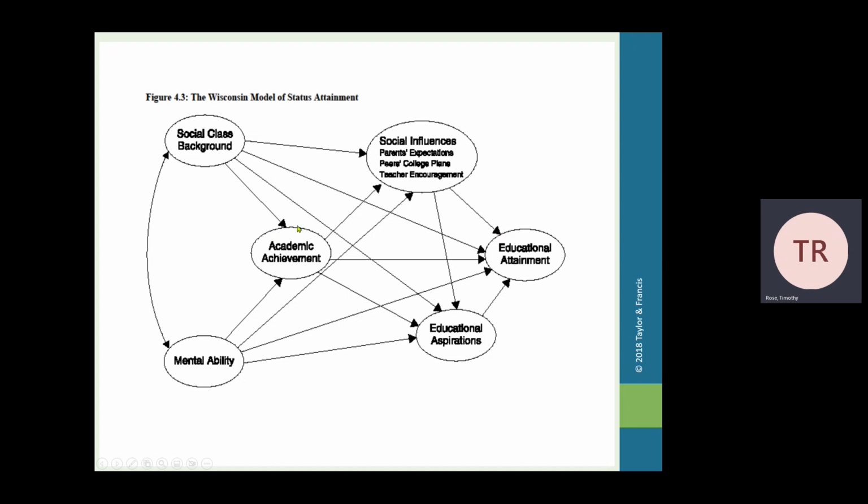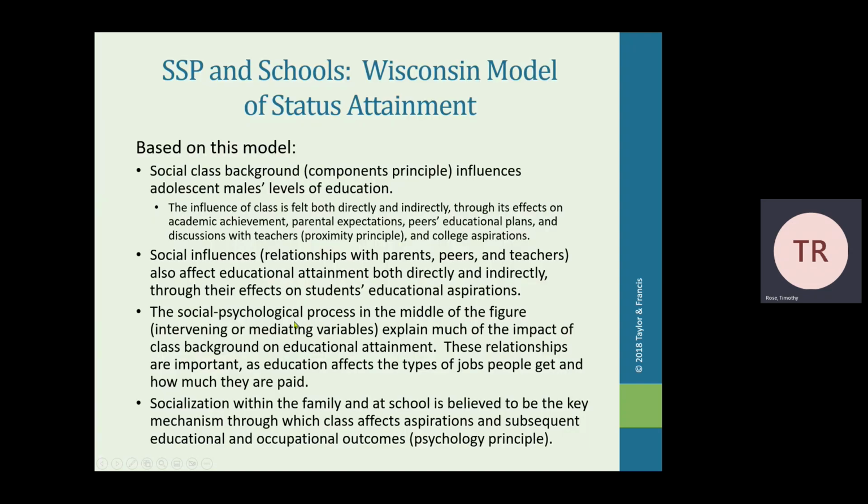But we must remember that this proximity principle itself is greatly shaped by the components principles. And we must also recognize that while the components principles have the largest impact on the proximity principle, there are still effects from the components principles onto the ultimate individual level outcomes in this model, the psychology principle as it's framed within SSP.